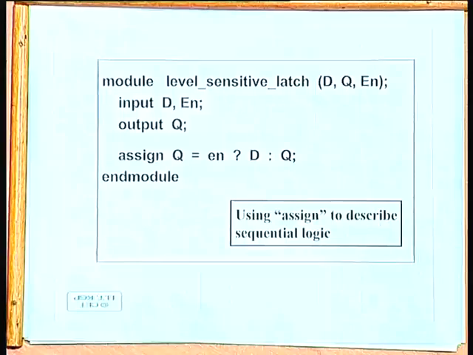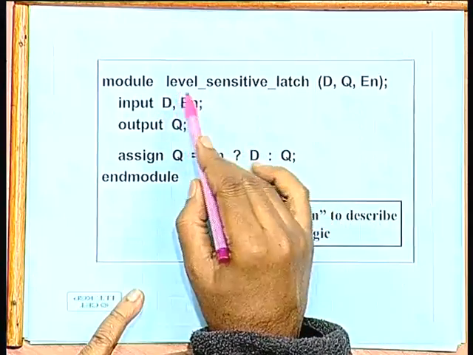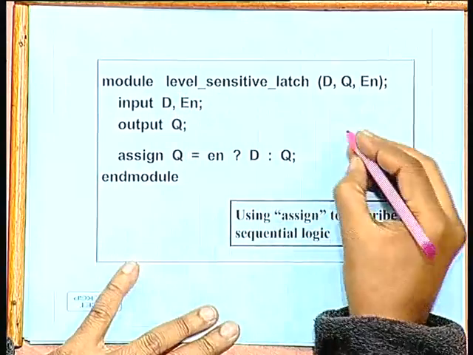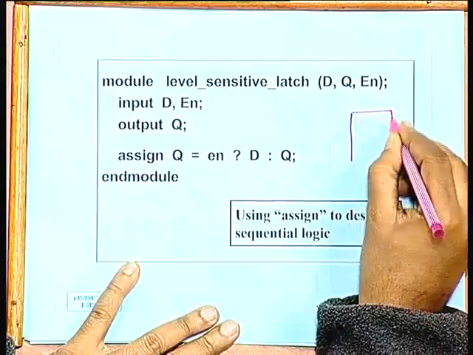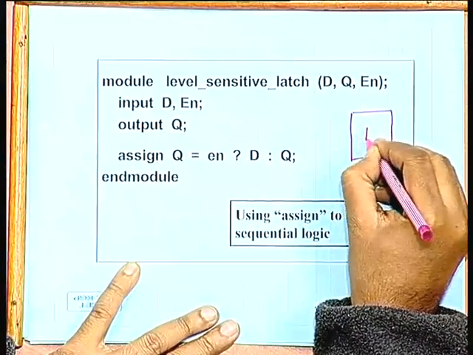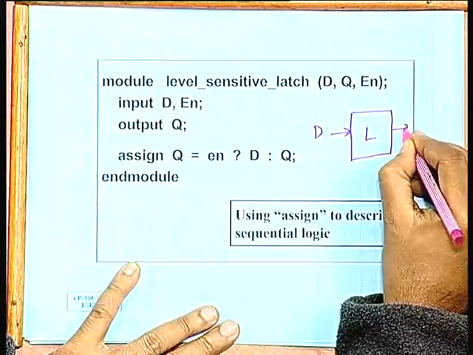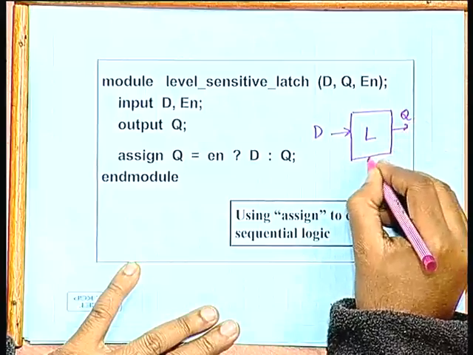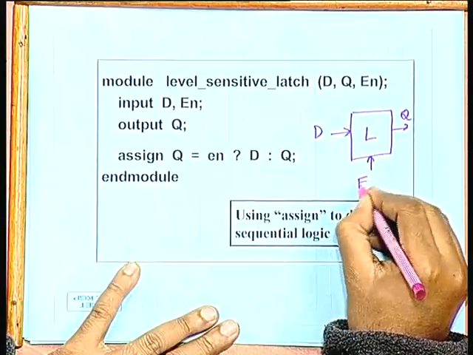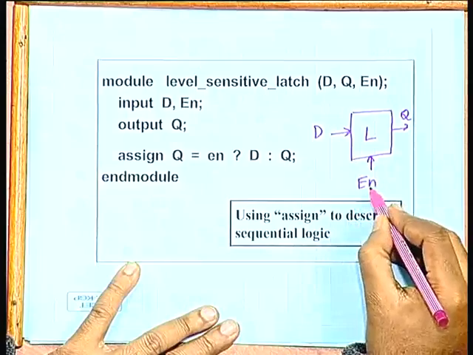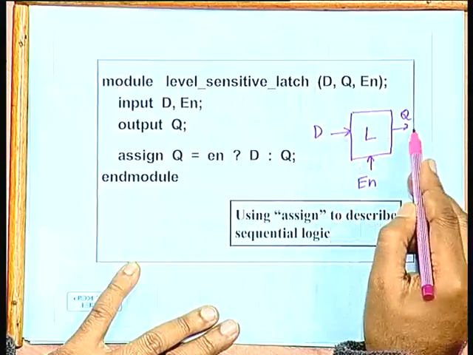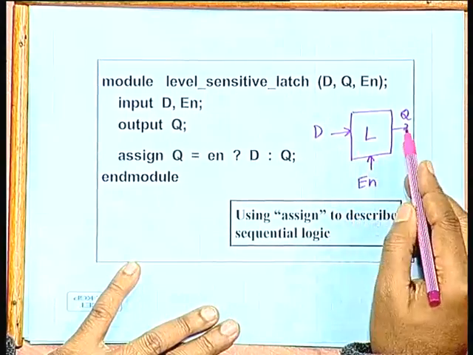This example models a level sensitive latch. So, what we are actually trying to model is a latch with an input called D, an output called Q, and an enable En. So, every time En is high, this D will be latched. If it is low, it will remember the last value.